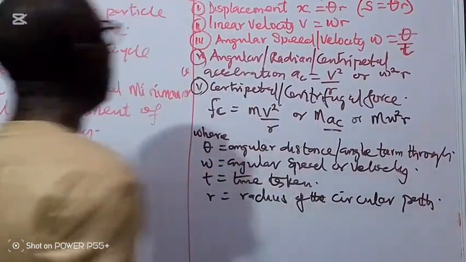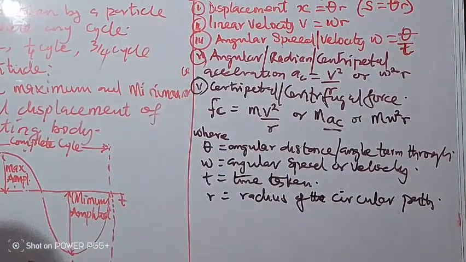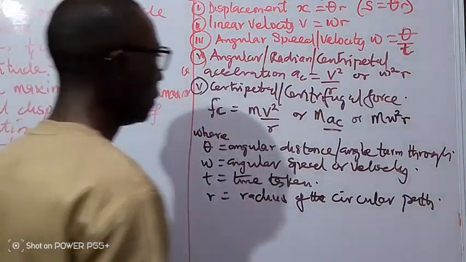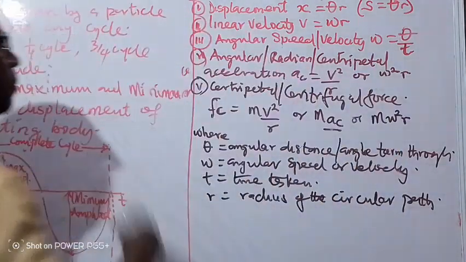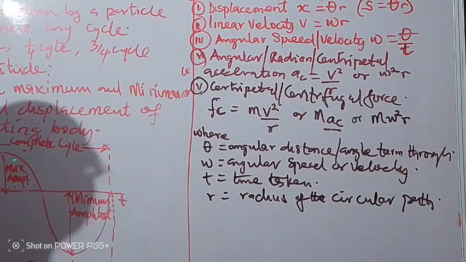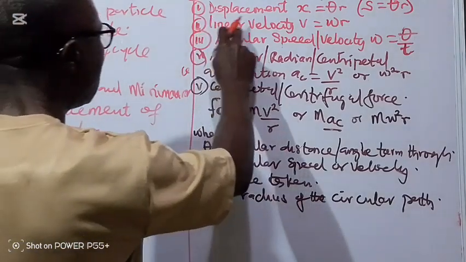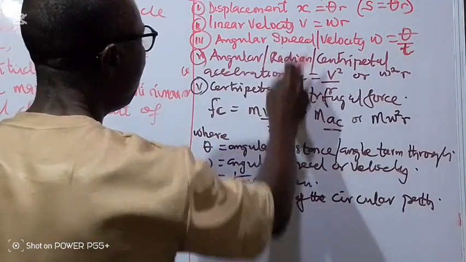All are what we discussed under uniform circular motion, which we still need to apply under simple harmonic motion. We've seen the relationship between linear velocity and angular speed.